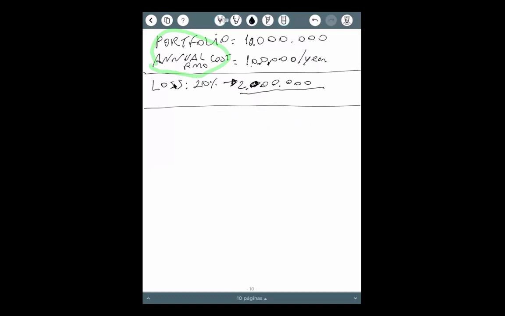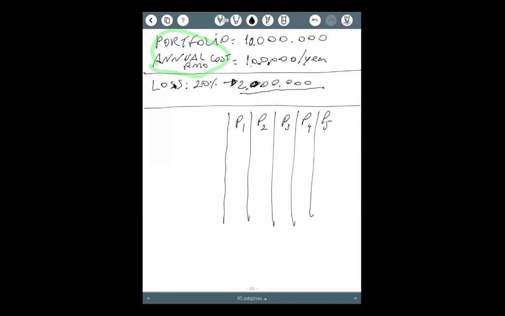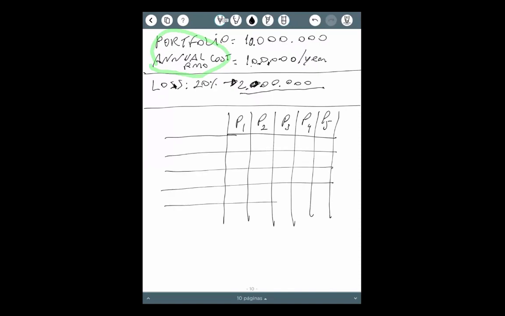I'm gonna work here only with five problems. But as I told you, we have 14 problems. For example, bad estimates, a lack of risk management, a lack of sponsorship, bad supplier management, and so on. Okay, we have many possibilities of problems.